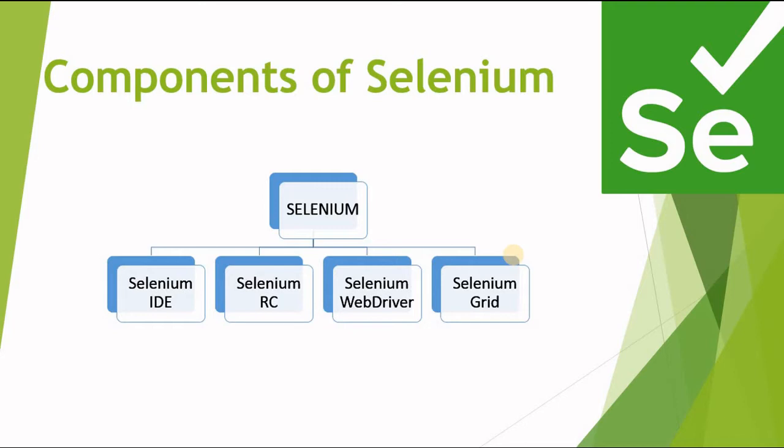Selenium RC was developed for JavaScript execution, but now there is no support available for Selenium RC. Selenium WebDriver is used for the APIs, and it is the very commonly used component of Selenium. And the last one is Selenium Grid, which is used for parallel and distributed executions.